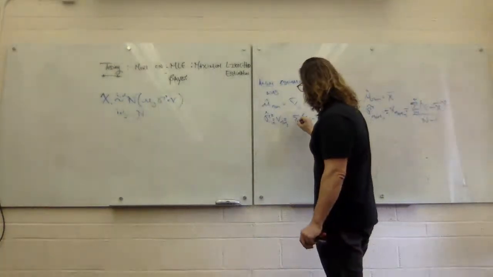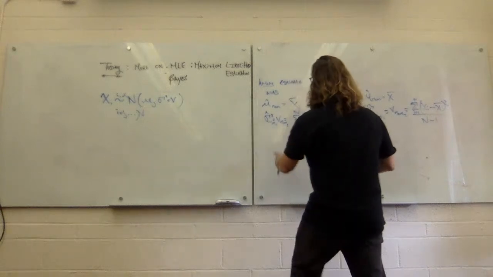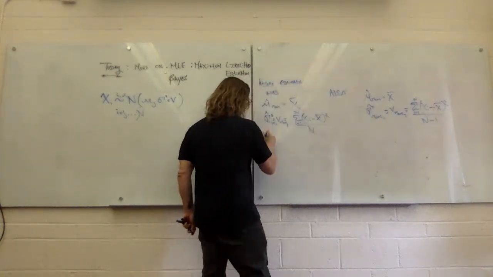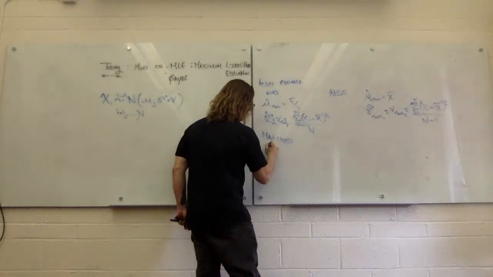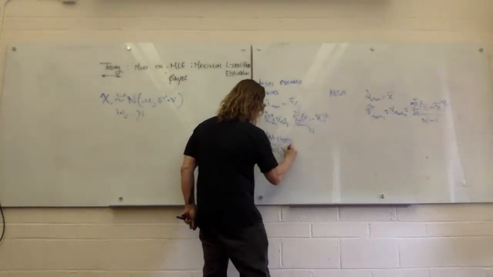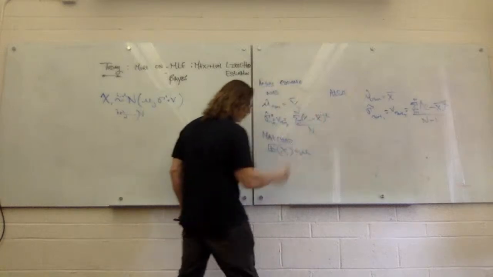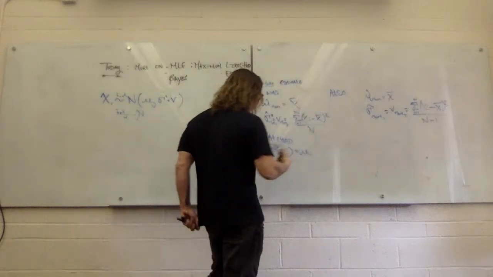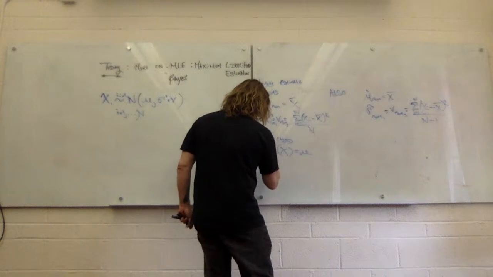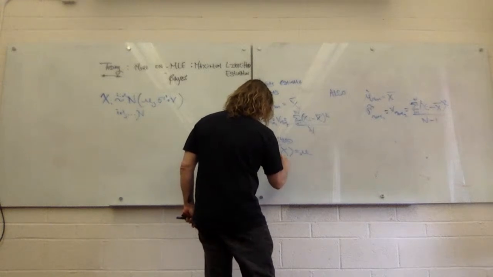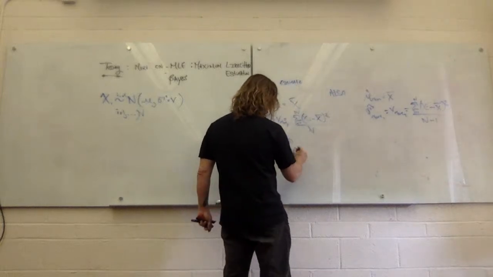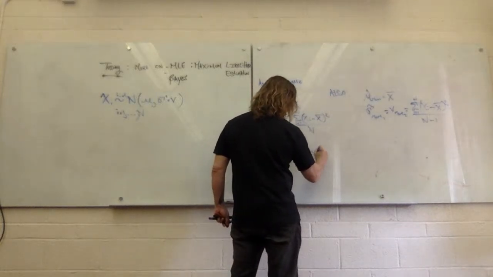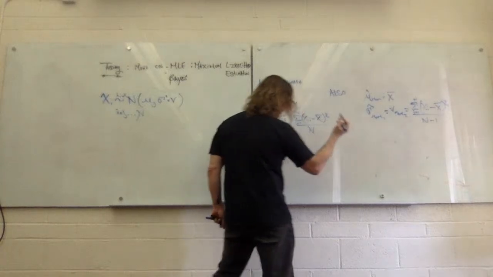And I'll remind you what we did. This one we matched the expectation of x is equal to mu. And we also matched, so we'll say this thing, this is mu, and we matched using this right here.